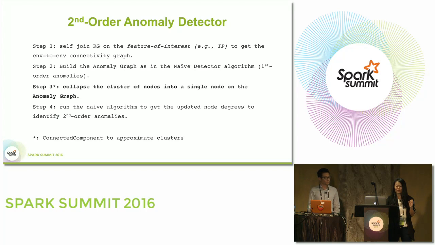And as we discover communities or connected components on this connectivity graph, we simply collapse each cluster of nodes into one and run this naive algorithm again to derive the updated node degree. So we get the second order anomaly given this algorithm.